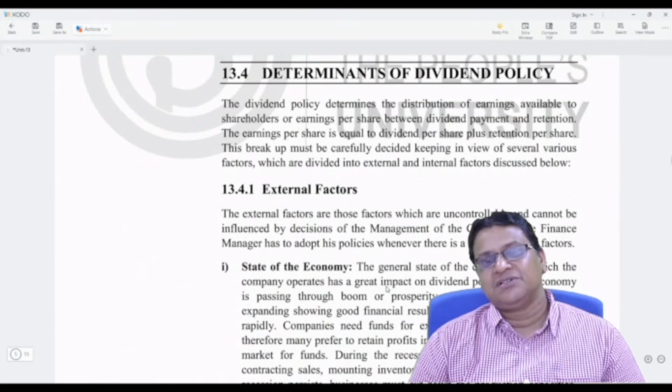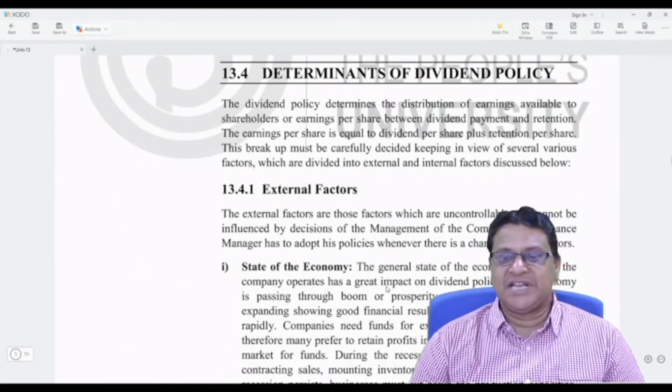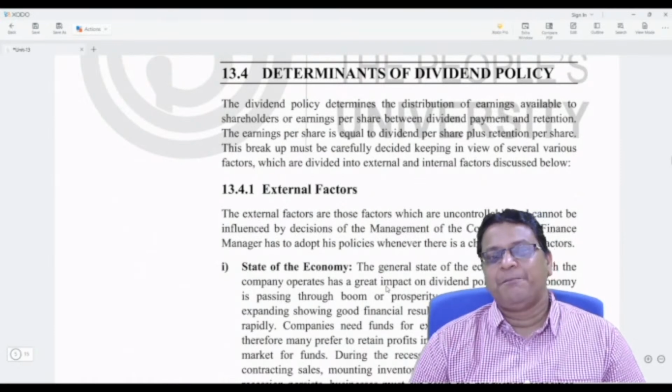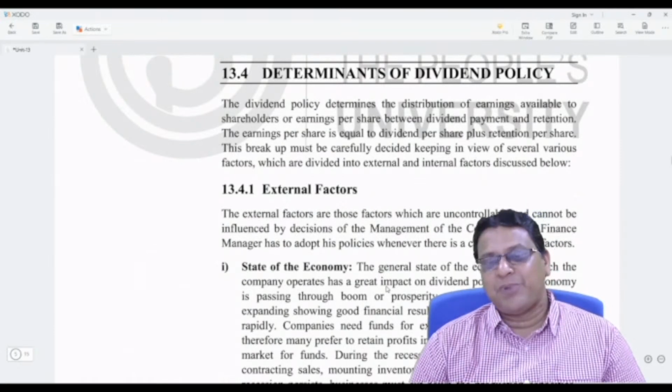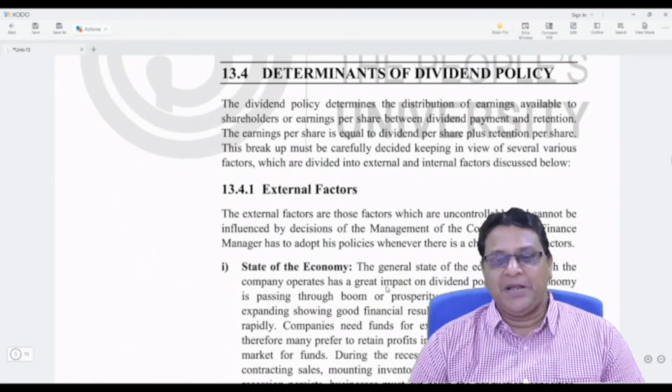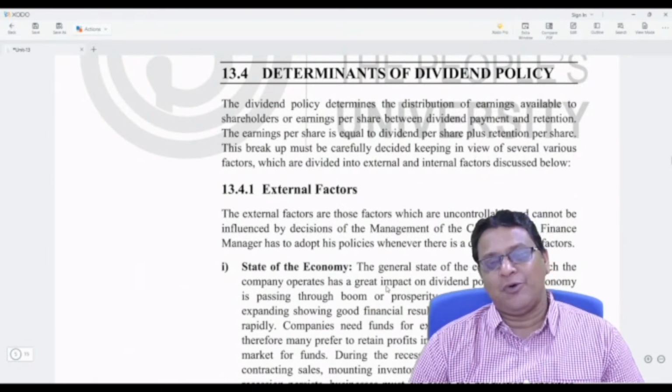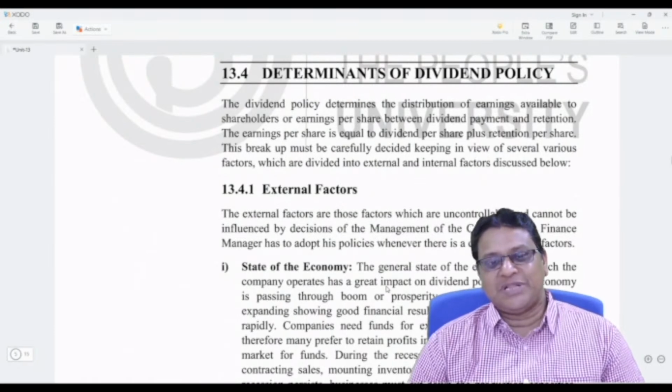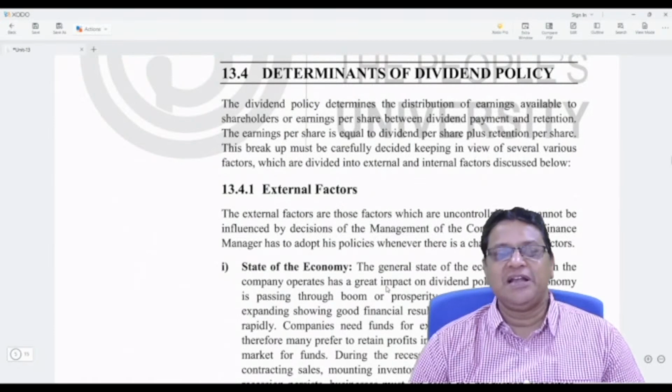It determines the distribution of earnings between shareholders. It's the decision regarding payback and plowback: how much percentage of profit is to be paid back to the shareholders, and how much is to be plowed back in the business. That decision is known as dividend policy.